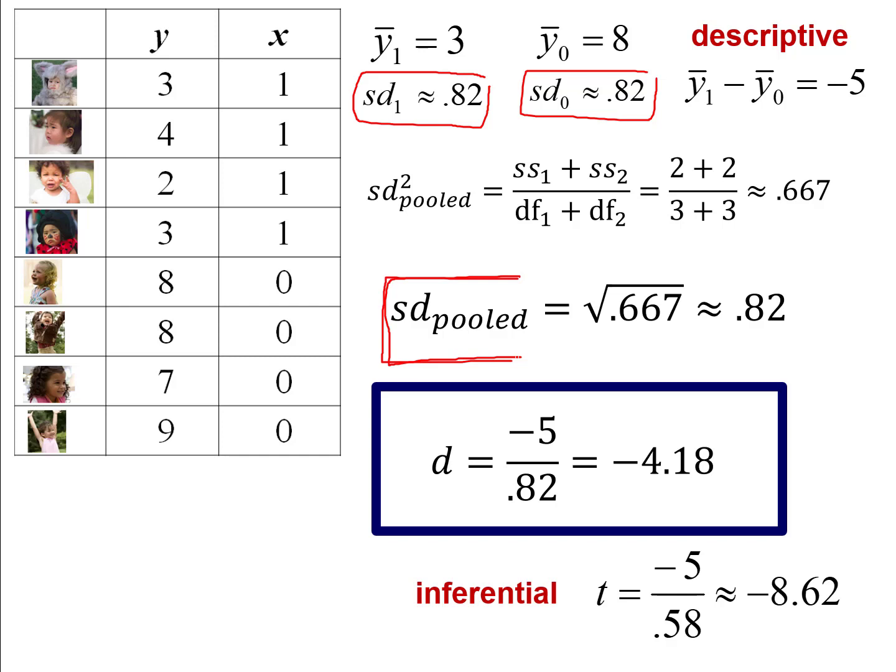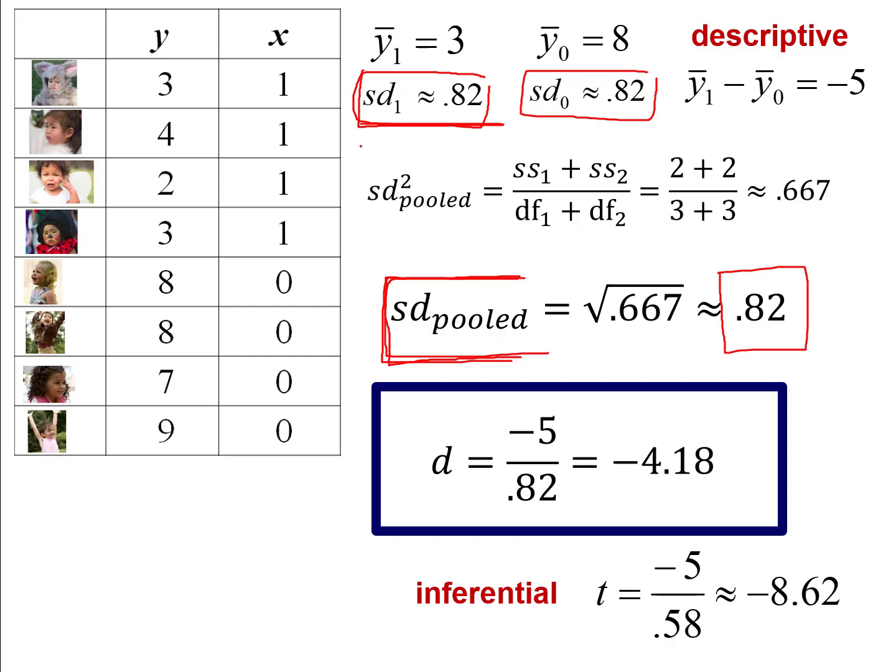And if you ever calculate a pooled standard deviation and get a value that's not in between the values for your two individual group standard deviations, well, then you know you've done something wrong. You know you've miscalculated. So this can be a good way to check to make sure you've calculated your pooled standard deviation correctly, because it will always give you a value that's somewhere in between the standard deviations for your two individual groups.